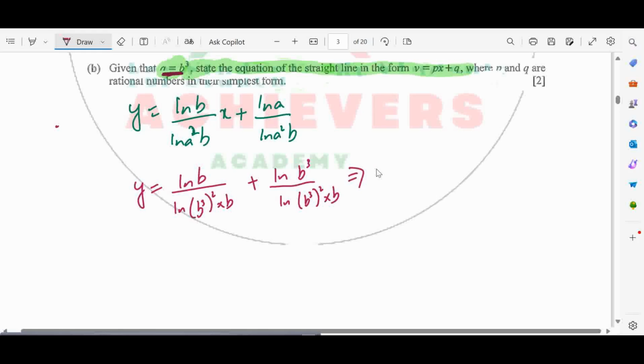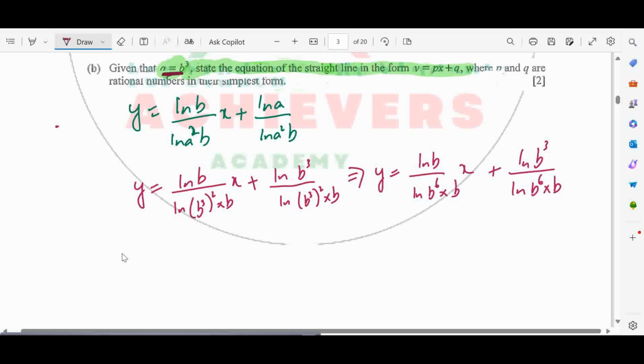Okay, this will be y is equal to natural log of b divided by natural log of b power 6 multiplied by b, x. We cannot ignore x. Plus natural log of b cube by natural log of b power 6 multiplied by b.